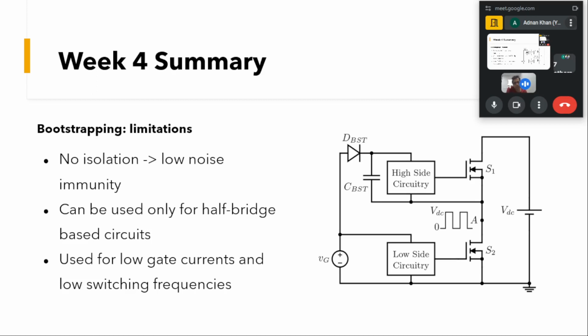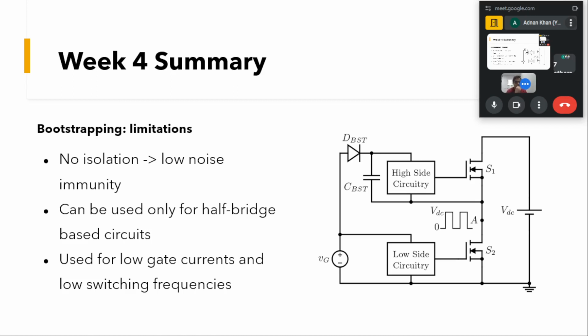Wherever we have very high gate current requirements, bootstrapping is not a feasible option. Why so? Because in order to provide such high currents, we need a very high value of this capacitor.